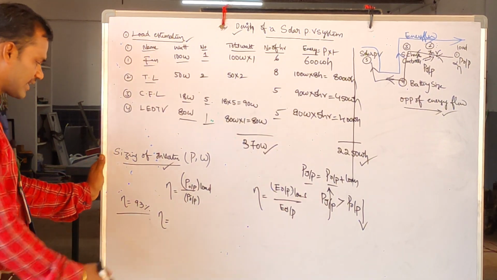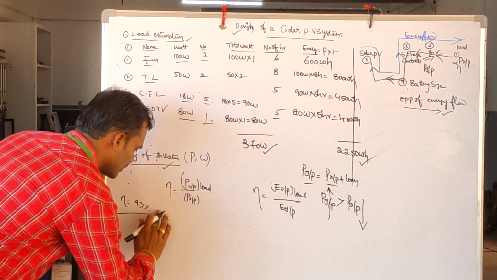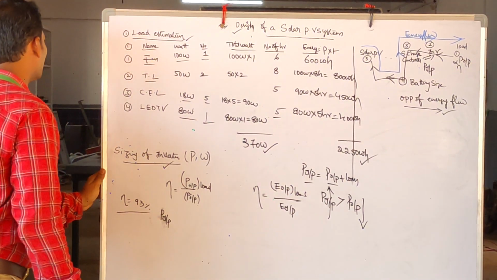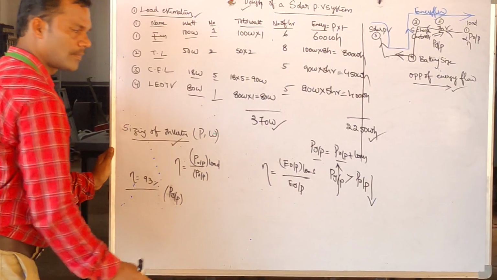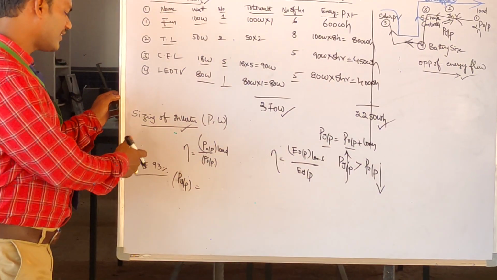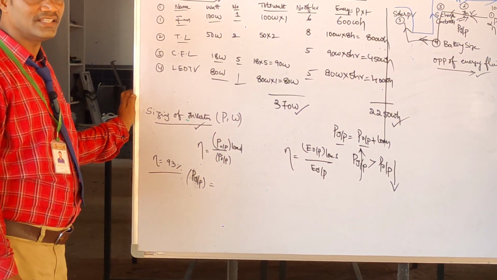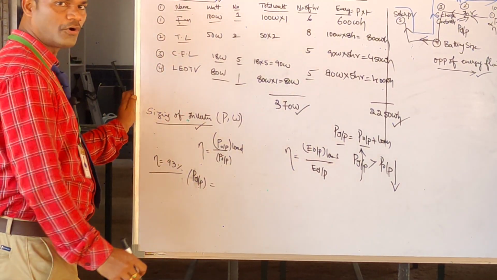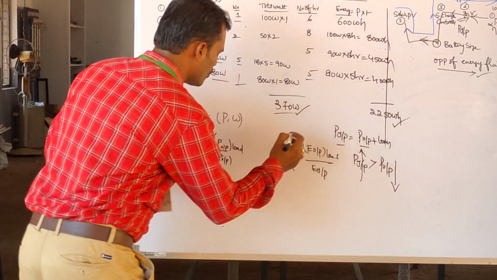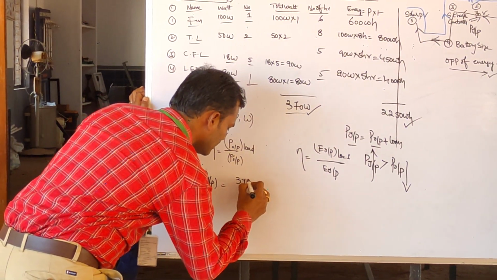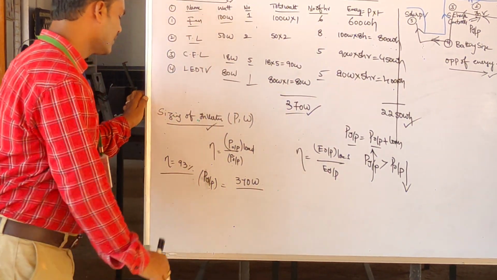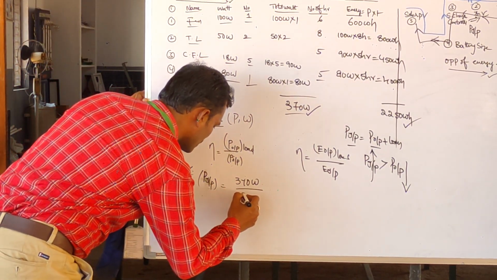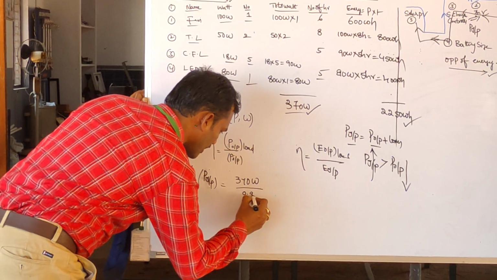Now let us calculate the input power required by the inverter. The efficiency of the inverter given is 93%. So the input power is equal to the output power, 370 watts, divided by the efficiency, 93%, which is 0.93.